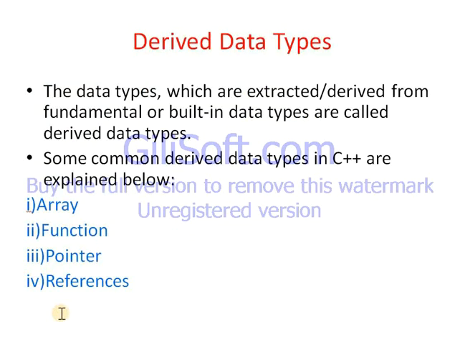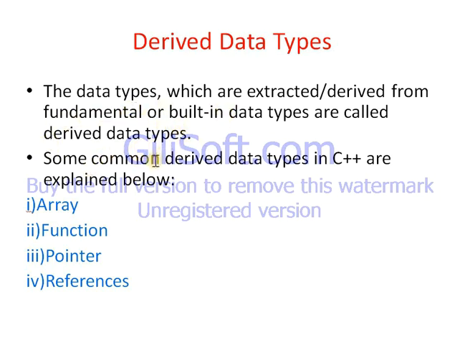Next, derived data types. Derived data types present in C++. The data types which are extracted or derived from fundamental or built-in data types are called derived data types. What is meant by a derived data type?